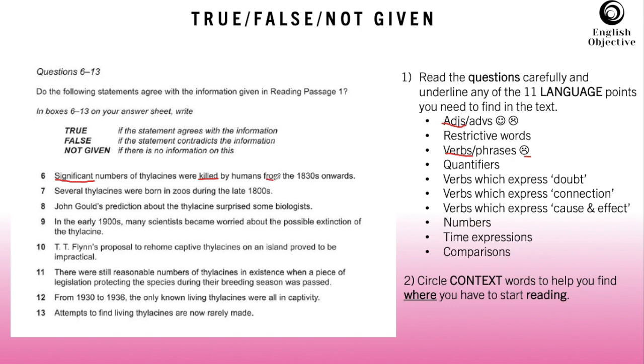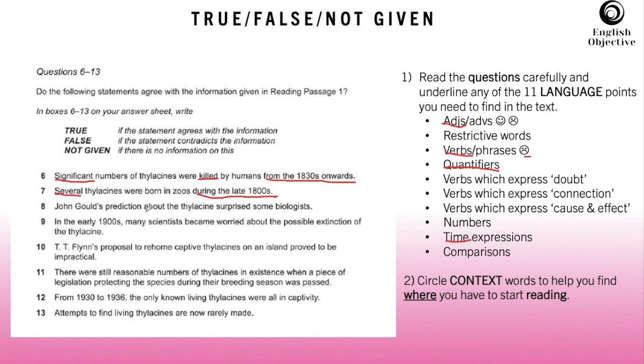So this language point is time expression. Then several is a quantifier to describe a number. Then we have during the late 1800s, so once again, we've got time.